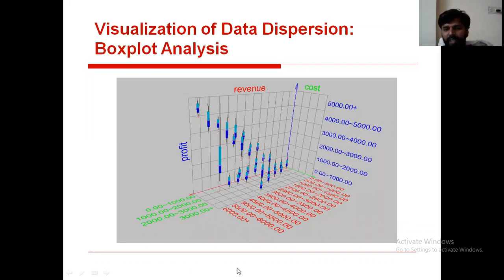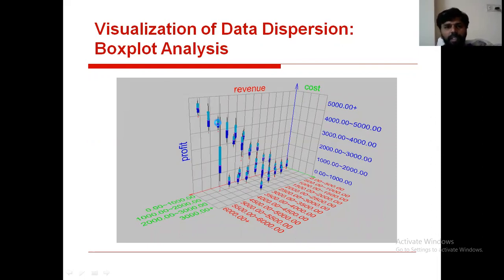Observe this. The organization and cost of the organization is represented by using this 5-number summary, meaning box plot. How much revenue is generated for a particular company is also represented like this.